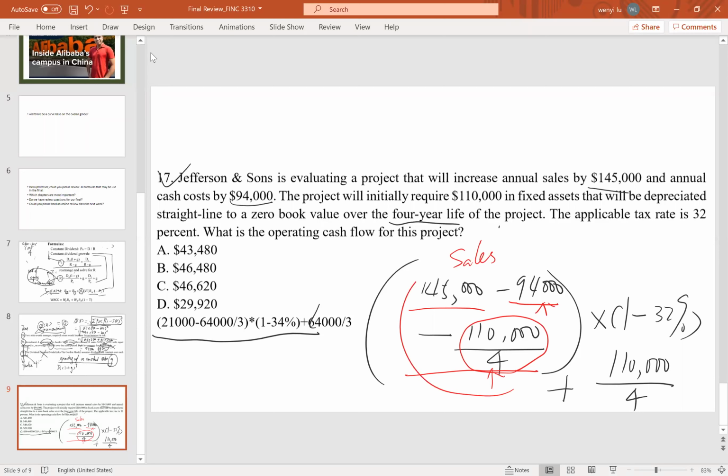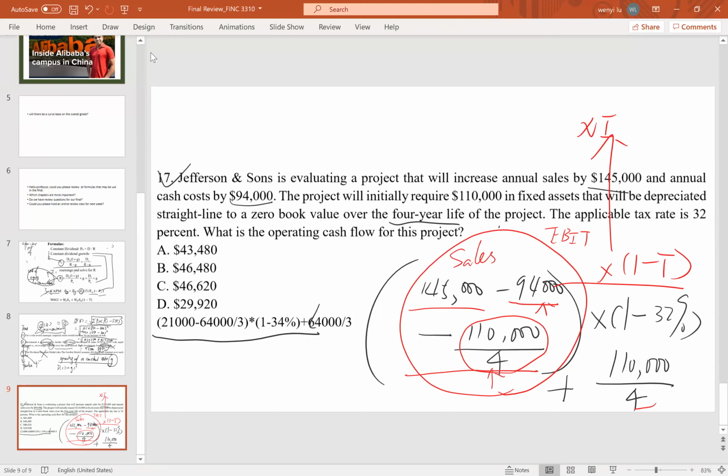So this one we solve the earnings before tax, or you can say the EBIT. This company is not paying any interest expense, so EBIT times 1 minus T to solve the net income. Net income plus the depreciation will be operating cash flows. So that's how to solve operating cash flows.